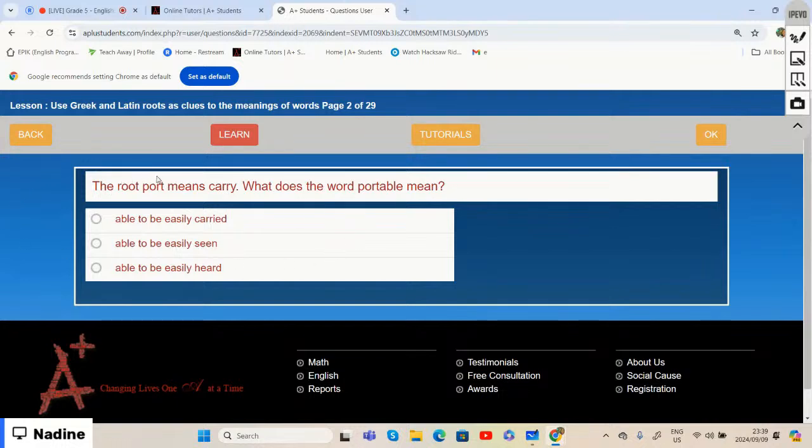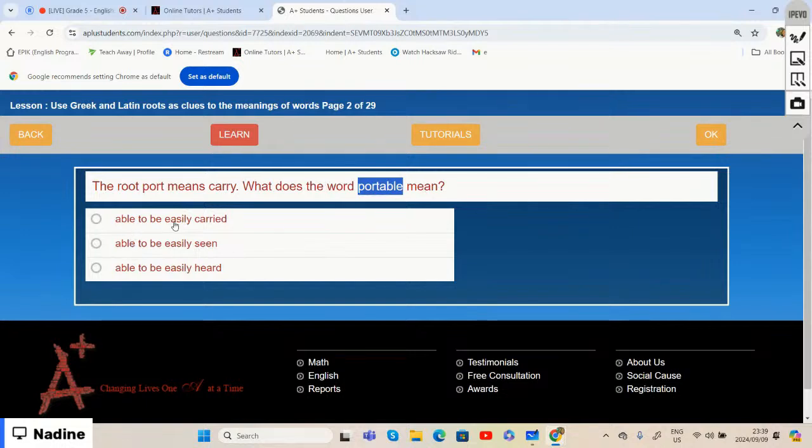All right, now let's look at the next one. It says the root port means carry. Now, what does the word portable mean? If the root port means to carry, then what does the word portable mean?